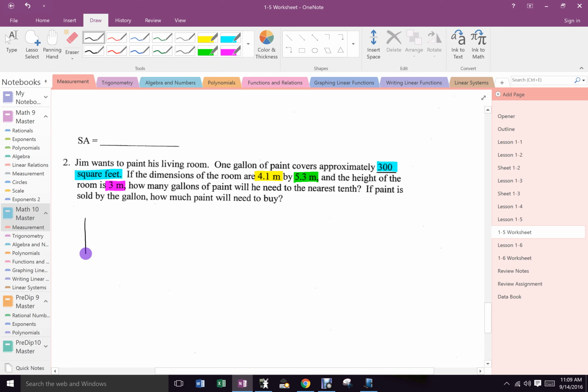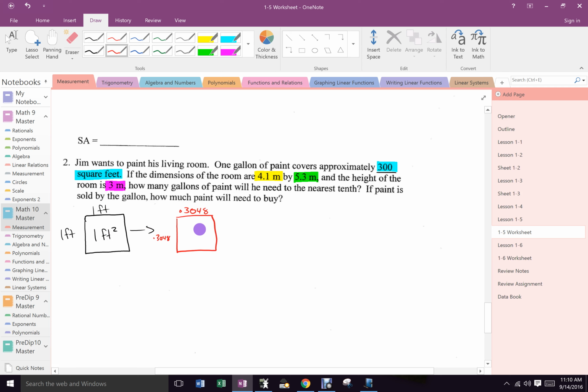So, there's a square. It is 1 foot by 1 foot, and in here is 1 square foot. Okay? Change that to meters. 1 foot is 0.3048 meters.